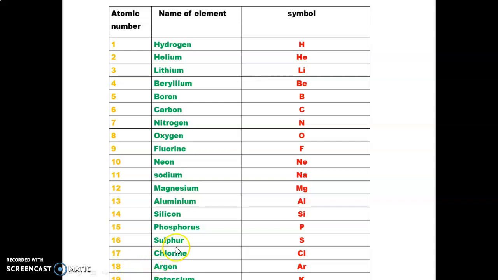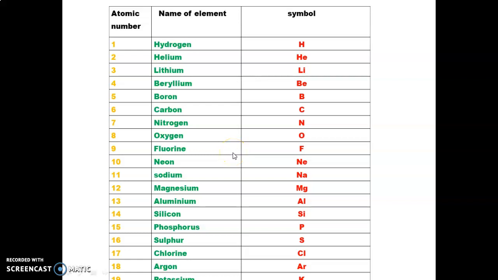19, potassium. The Latin name of potassium is kalium, so the letter K is used. 20, calcium, Ca. That is the table.